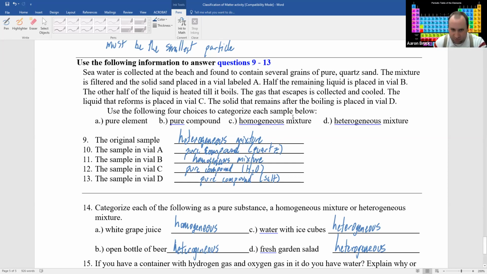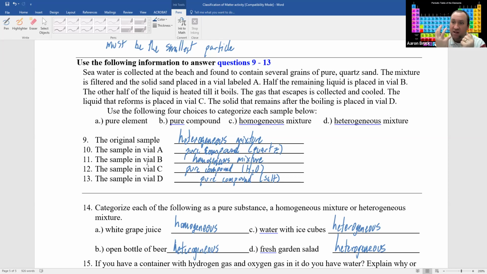So if I look at this from the start, the original sample has to be heterogeneous. And the reason it's heterogeneous is you've got all the stuff that's involved with the water, plus you have the sand. And so those are two substances that we know of. So we know it's a mixture. And the fact that it's easily seen that we have two substances means that it has to be heterogeneous.